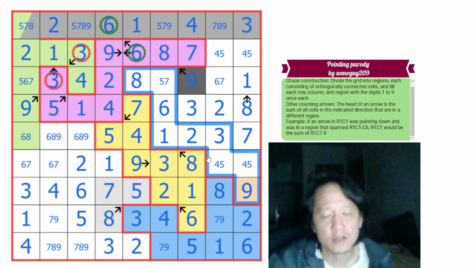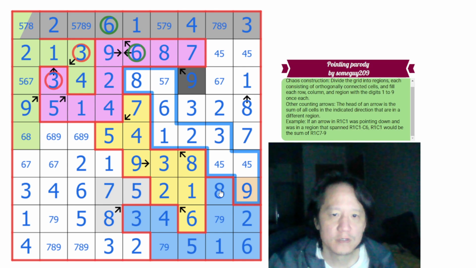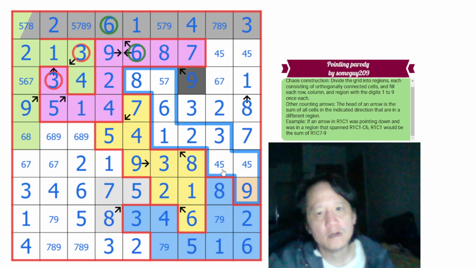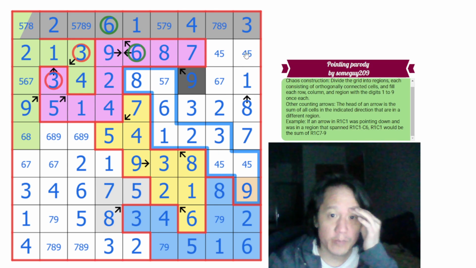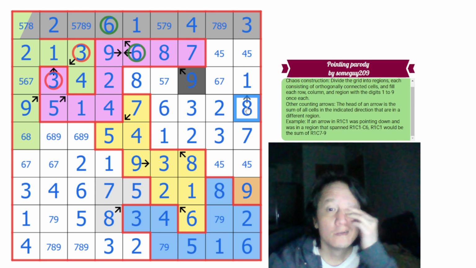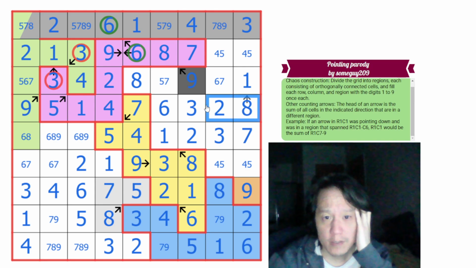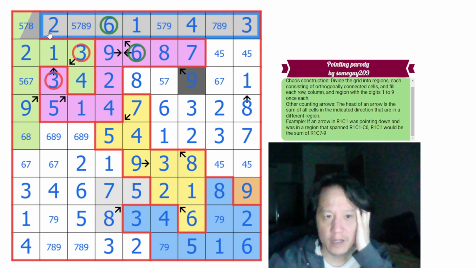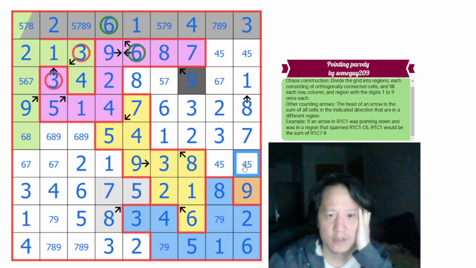Yes, technically. Interesting. But these two are separate regions. So say this was gray. Well, this could be light gray. That actually does work. Never mind.